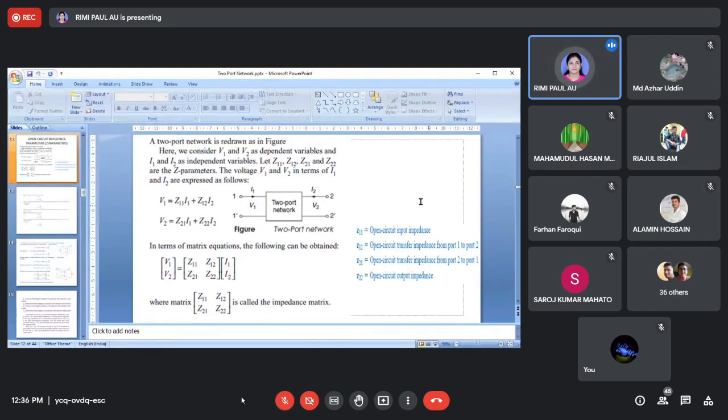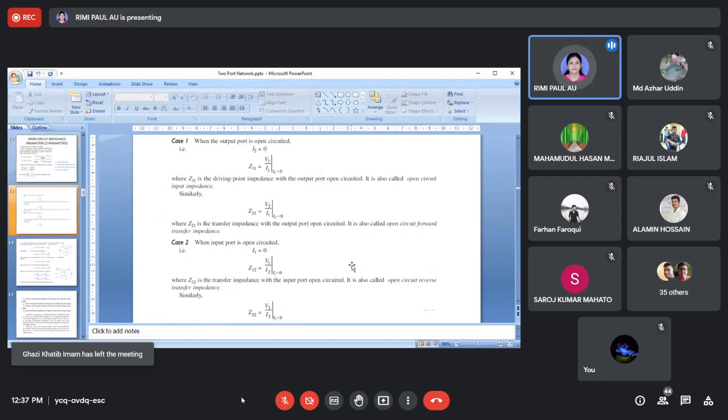Z11 and Z22 are known as impedance parameters: open circuit input impedance and open circuit output impedance. Z12 and Z21 are known as transfer impedance, open circuit transfer impedance, with either the input port open or the output port open.